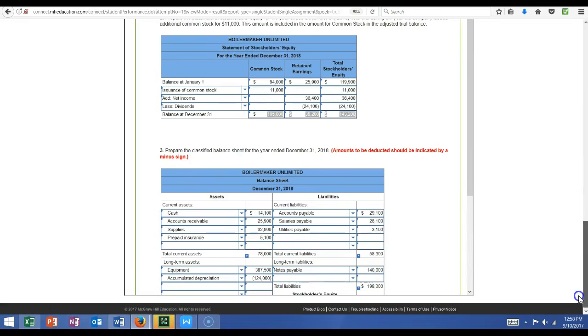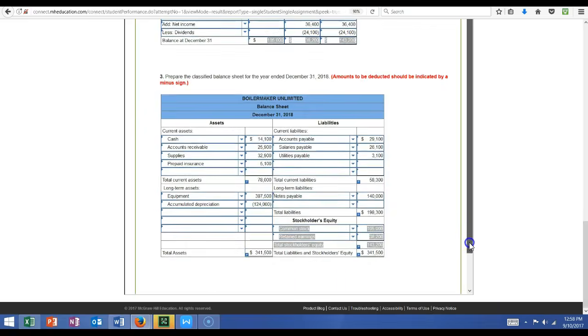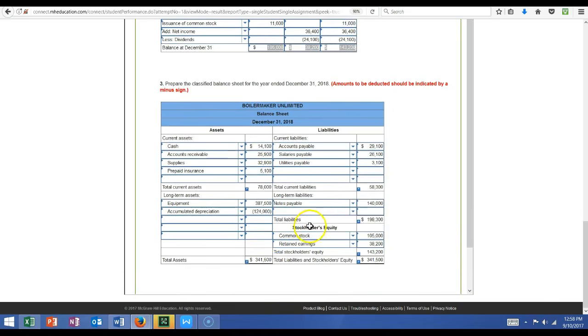So our balance sheet is taken from our trial balance. The stockholders' equity section comes from our statement of stockholders' equity. And our assets will always equal our liabilities of 198.3 plus our stockholders' equity of 143.2.